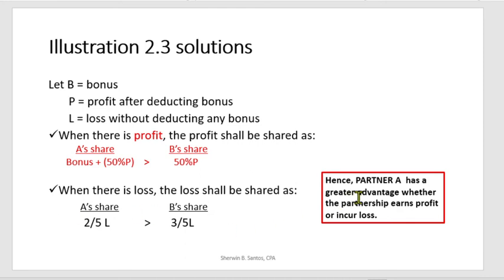Okay. Hence, partner A has a greater advantage whether the partnership earns profit or incurs a loss on this item. Diba? Kumbaga, we just illustrate how do we analyze the transaction.